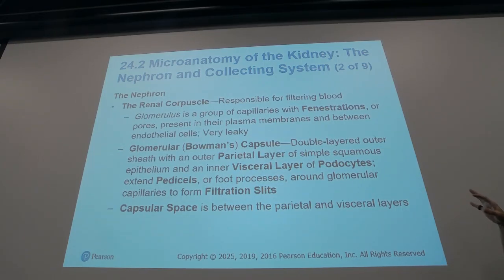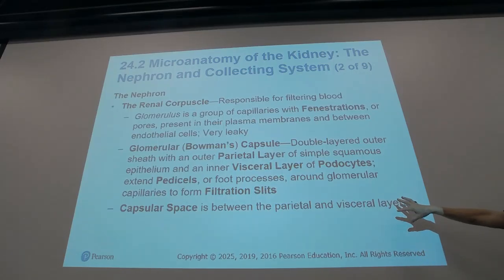Now, nothing greater than albumin size is supposed to cross these filtration slits. Albumin, if you remember, is a very abundant protein that we have in the blood, and it helps to maintain the fluids within the circulatory system. Amino acids can cross through these filtration slits, but no complete proteins.